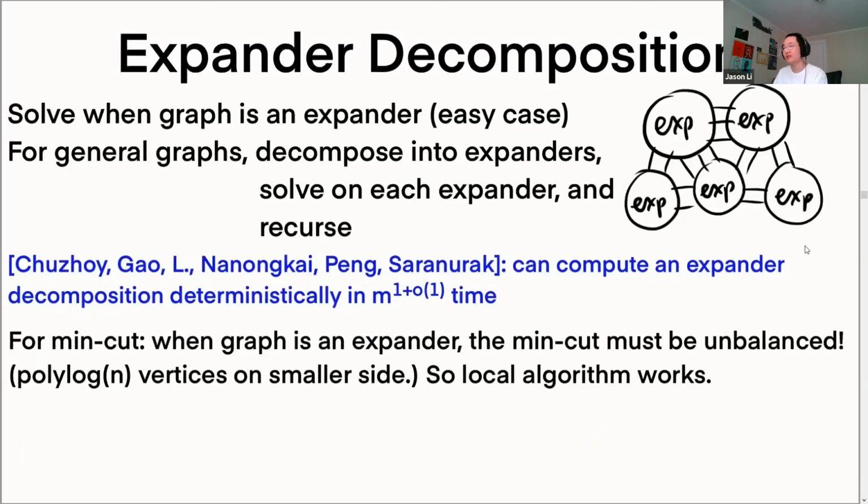That's our main conceptual and technical contribution. We de-randomize the cut matching game, which reduces graph conductance to max flow, actually even approximate max flow. So that's why it's no harder than computing exact max flow, because it just requires approximate max flow as a subroutine, and that can be done in near linear time. Okay, thank you.